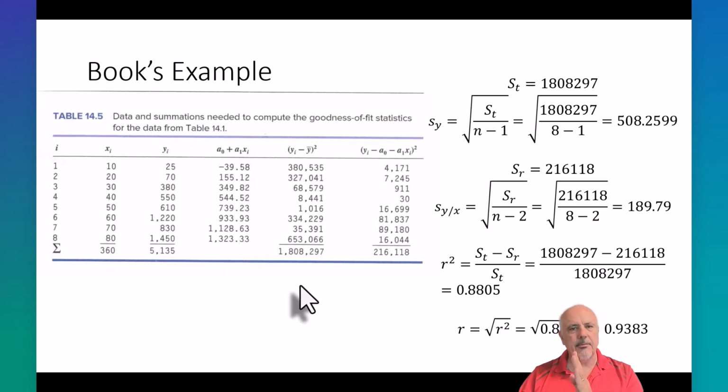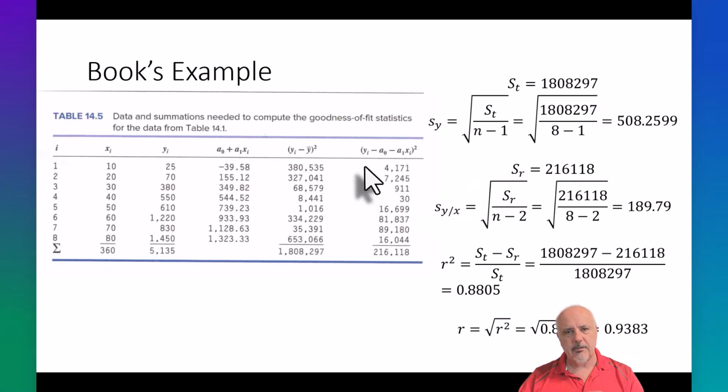I created a column for my residuals with respect to the mean, the y bar, and those residuals are the individual differences squared. Then I sum them, so this is going to be my S sub t, the sum of squares of residuals with respect to the mean.